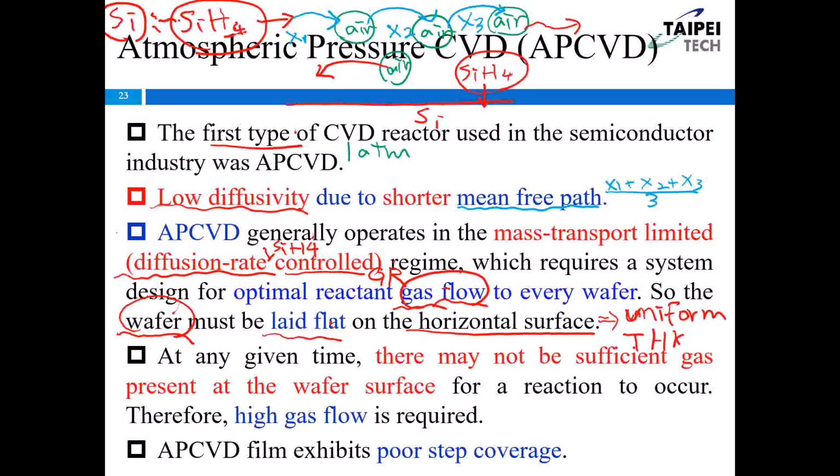We want the gas flow to be very uniform across the one single wafer in order to have the uniform growth rate, which can result in the uniform thickness across one single wafer. So of course, this is the single wafer system. It cannot use the batch system because you need to control the uniformity of the gas flow.